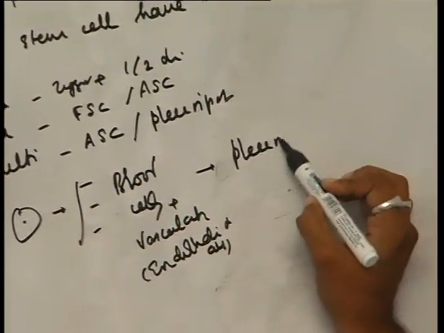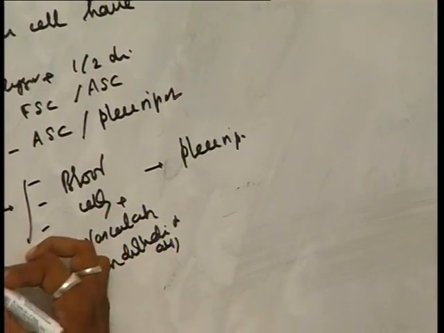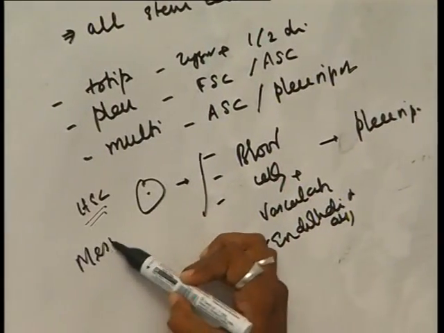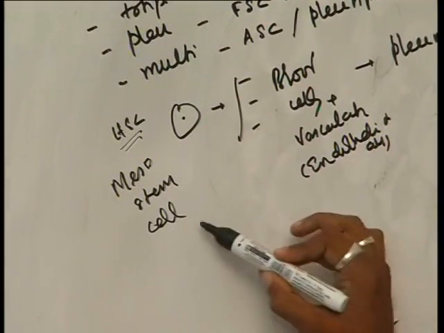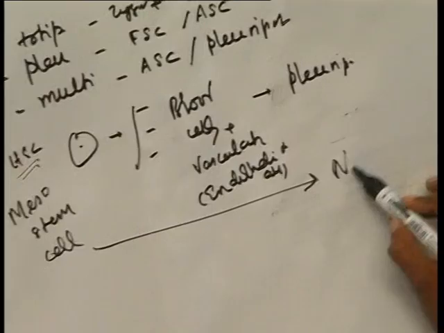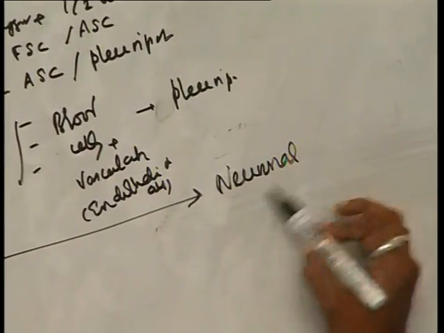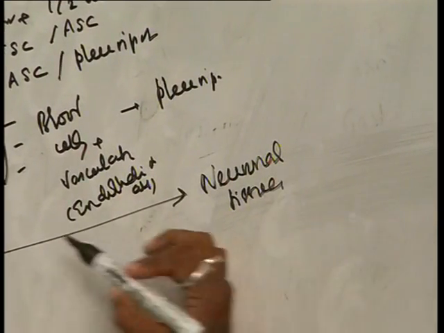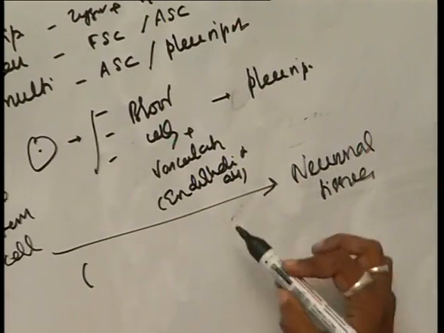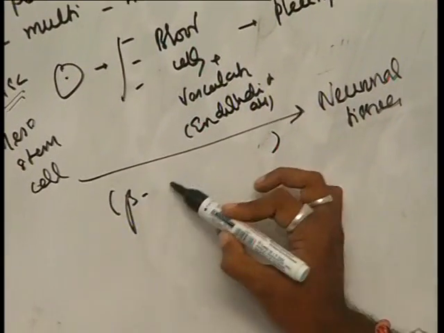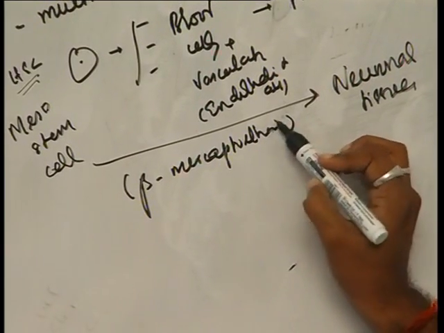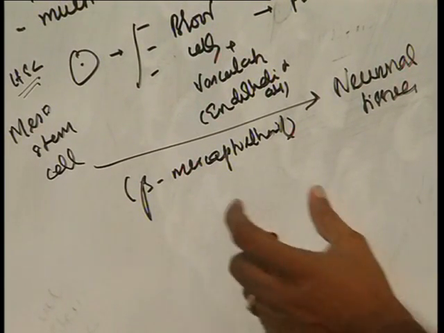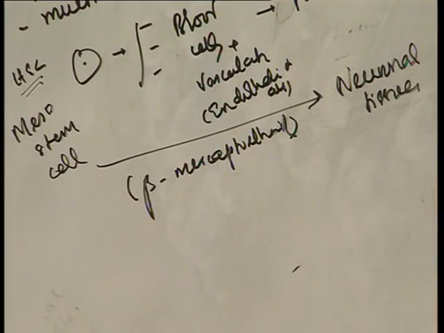What do you mean by pluripotent now? HSC is a mesodermal stem cell, because blood and other things form from mesoderm. They are able to form neuronal tissue, provided you give certain conditions. For example, you subject it to beta mercaptoethanol, and it may develop into neuronal cells.